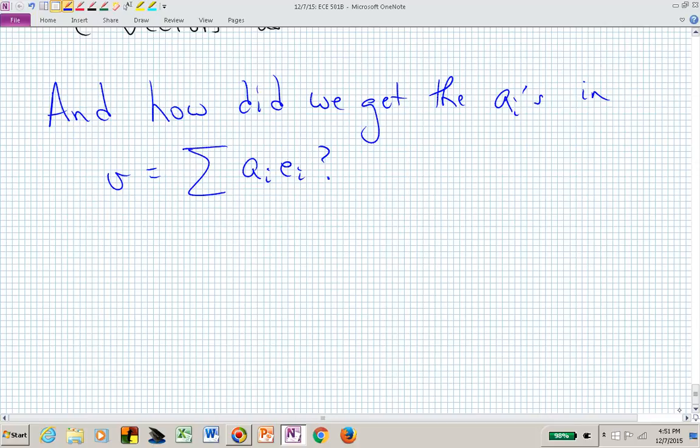So now we were essentially saying, how is v aligned with the e's, or can we project v onto each of these e's? I guess if we wanted one word, we would say projection. That's how we found these a sub i's, meaning each of these a sub i's is just the vector v inner product with the basis e sub i. That's what happened in the finite dimensional case.